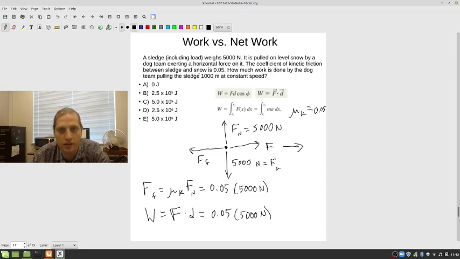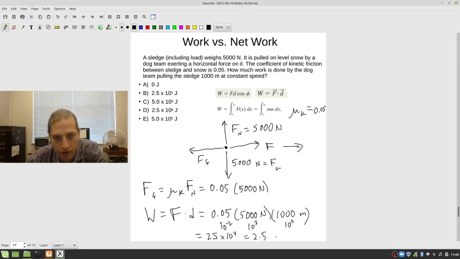That's the force, and then the displacement that they ask me to look at is 1,000 meters, and so this is going to be 5 times 5 times 10 to the minus 2, 10 to the 3, 10 to the 3, so this is going to be 25 times 10 to the 4th, which is 2.5 times 10 to the 5th joules.